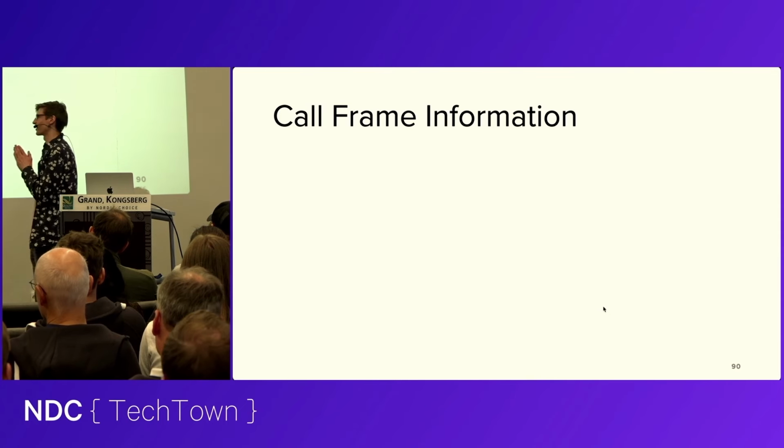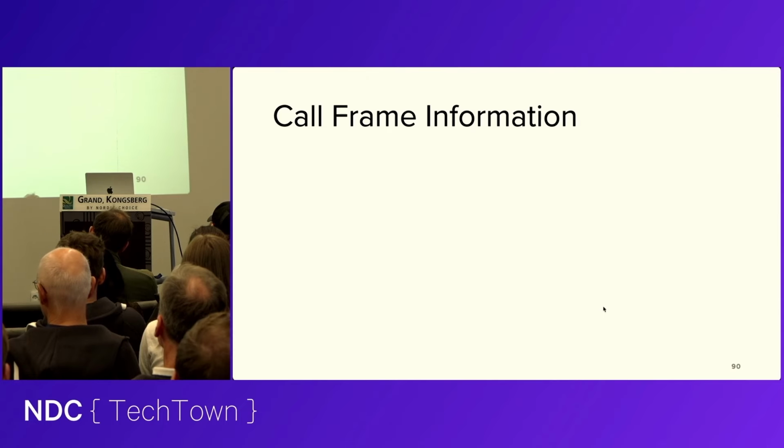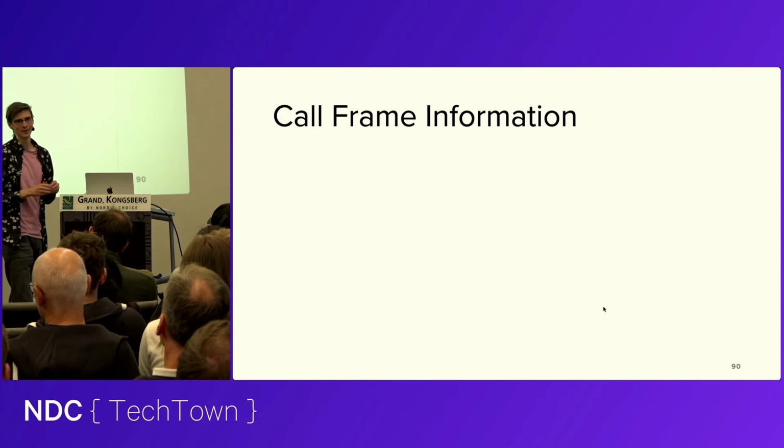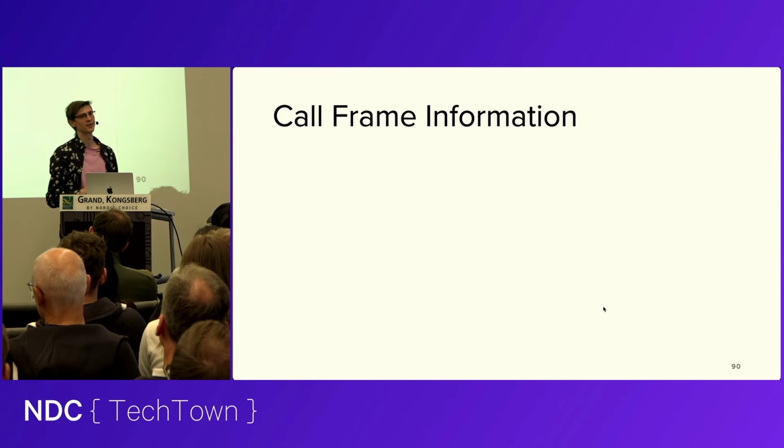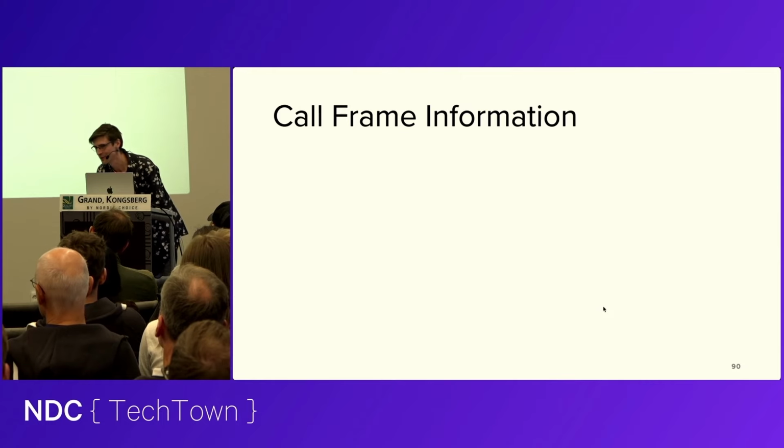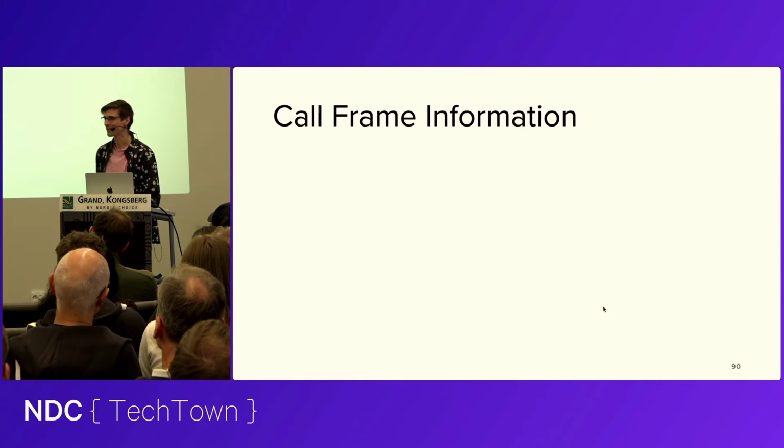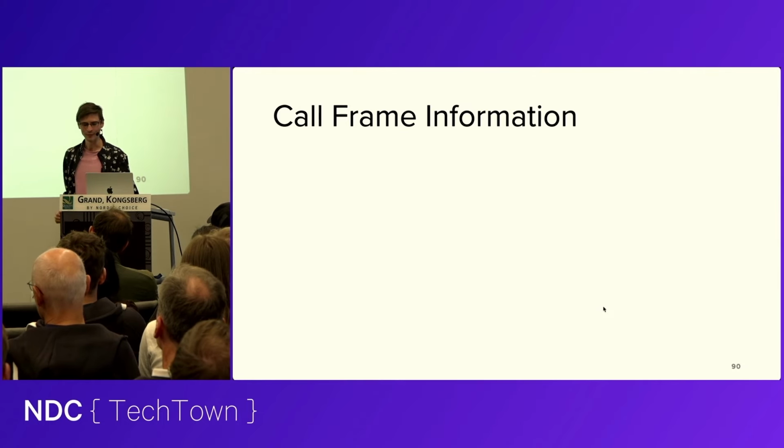So we have call frame information. Now, I said line table information is complicated. Call frame information is awful. It is a Turing-complete language. I wrote a programming language interpreter inside call frame information. It's that bad. So when I tell you this is very simplified, you can believe me.